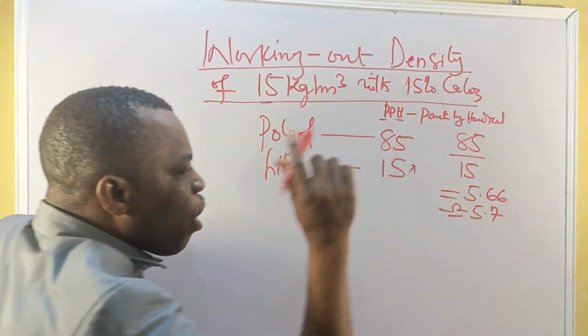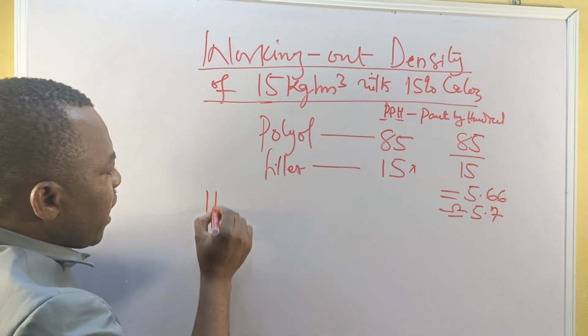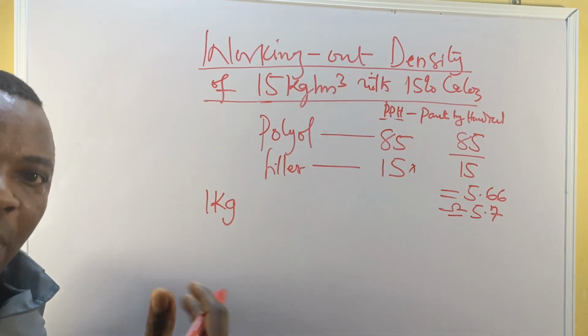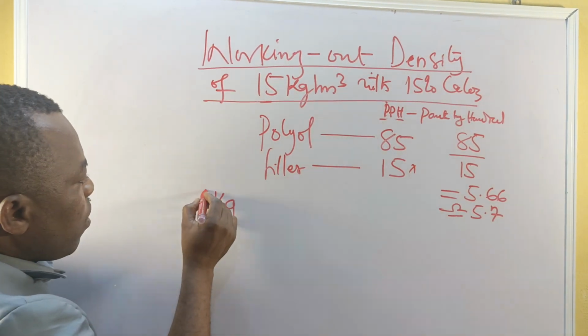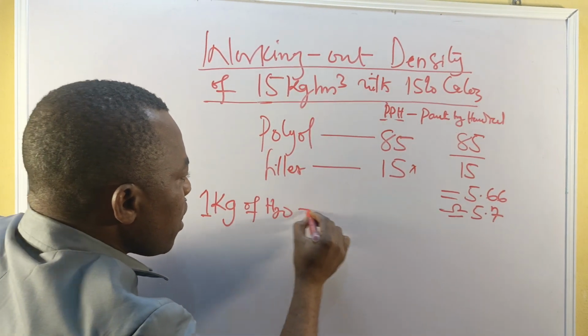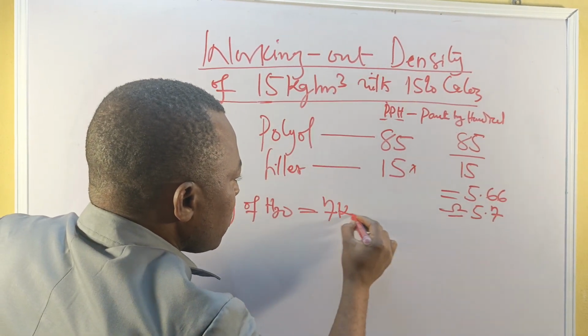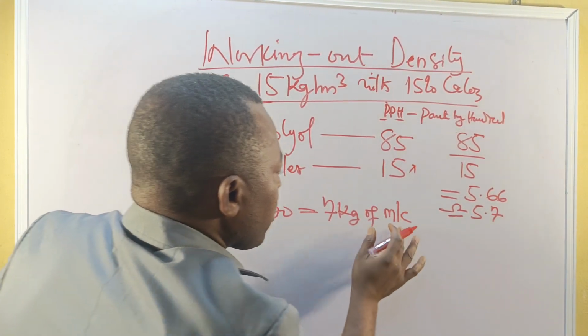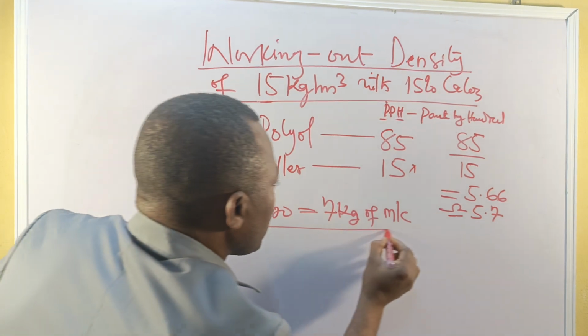Now, taking into consideration that 1 kg of water equals 7 kg of methylene chloride, this was determined empirically, from experience. This is the relationship.